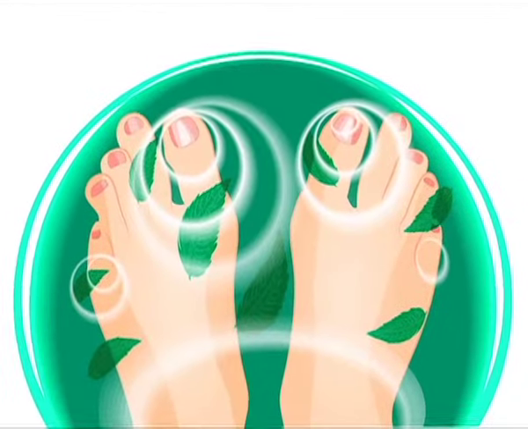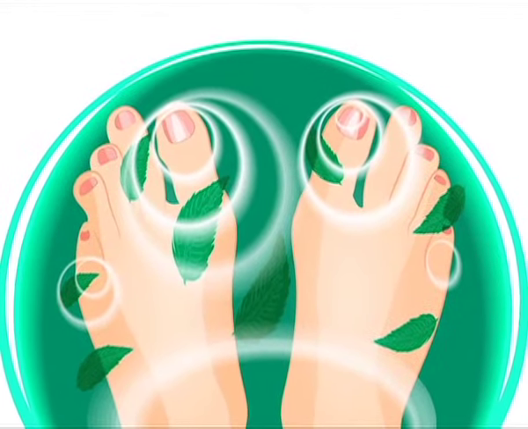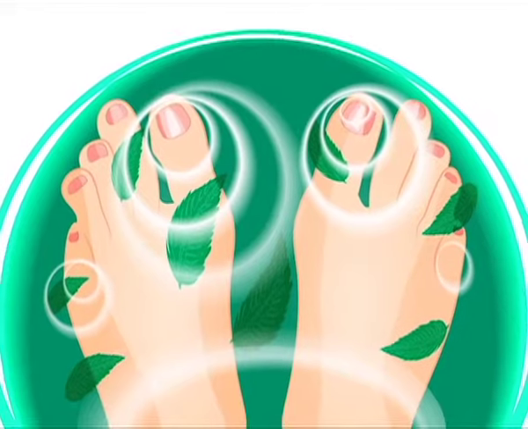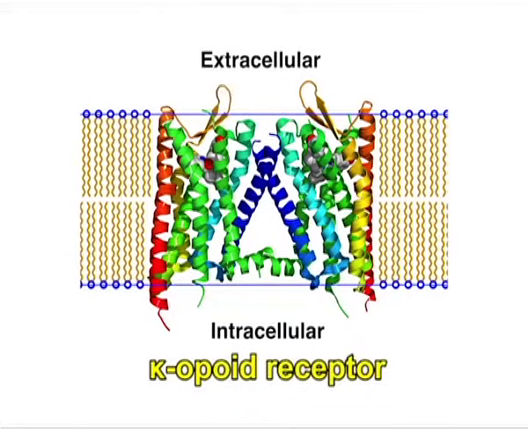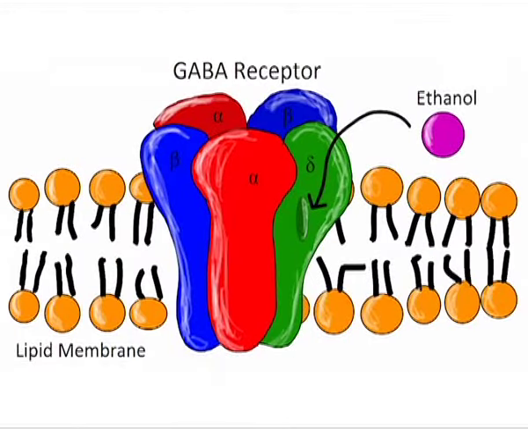Menthol also produces an analgesic effect mediated through selective activation of the kappa opioid receptor. Some studies show that menthol acts as a GABA A receptor positive allosteric modulator and increases GABAergic transmission in PAG neurons, which in turn decreases the pain sensation.